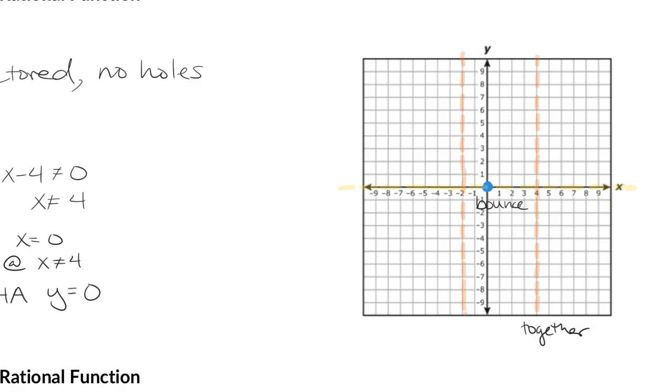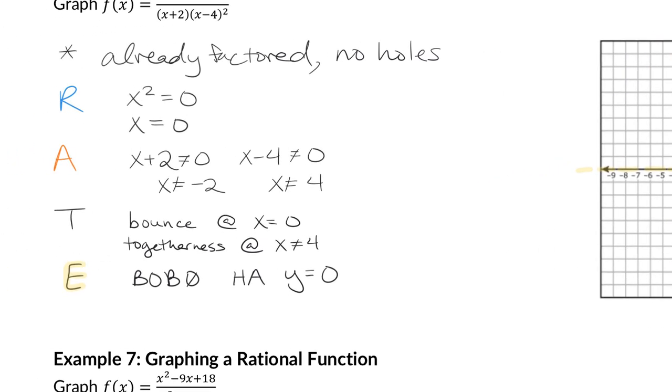We need one more piece of information to be able to graph this. We need the y-intercept. So we go do the y-intercept. All that means is we're going to plug 0 into the function. This is going to be 0 squared over 0 plus 2 times 0 minus 4 squared. Now, that's a lot more work than I really want to do.